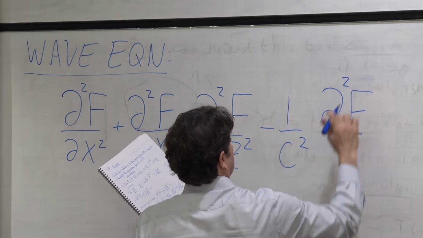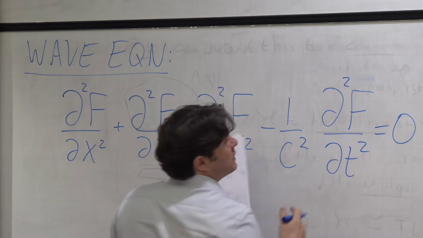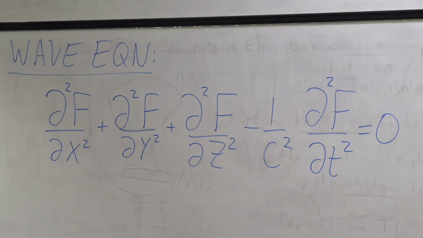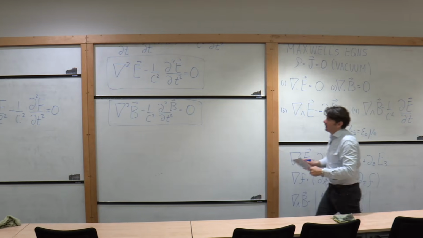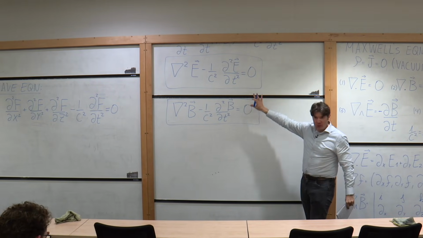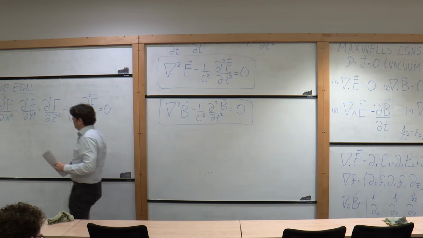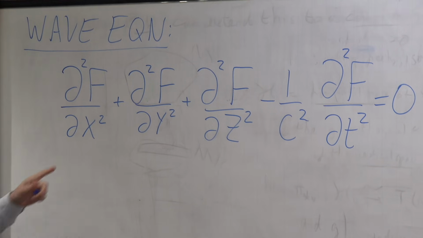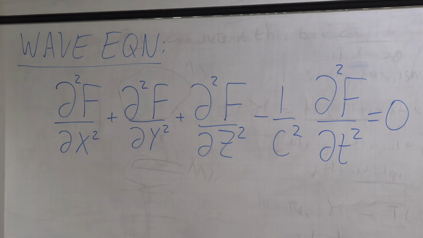So these two are wave equations, and we want to see how we find solutions to these wave equations, okay? So let's try first with this scalar case, where f is just a function, not a vector, just one component.